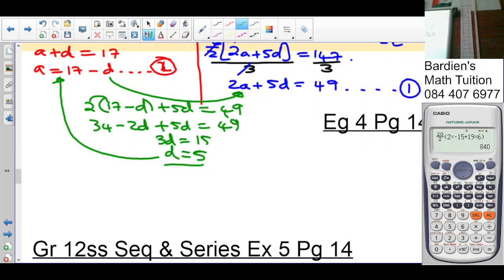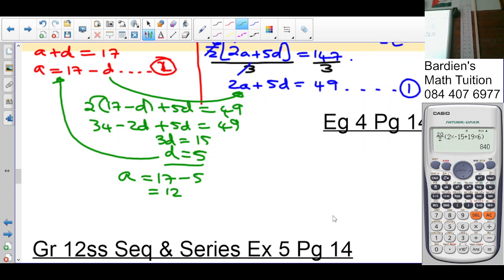If you've gone with equation 1, no problem, you still need to solve for a. However, in equation 2, we already have a as the subject of the formula. So it's going to be 17 minus 5, which is 12. It would have given you the same answer if substituted into equation 1, provided my d value is good.